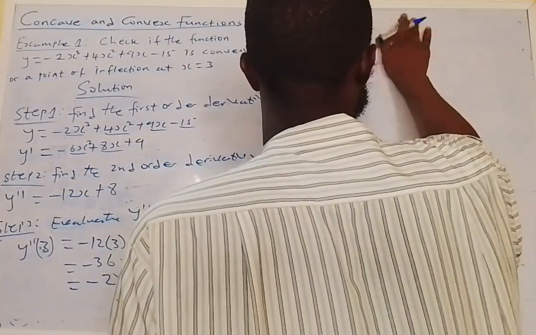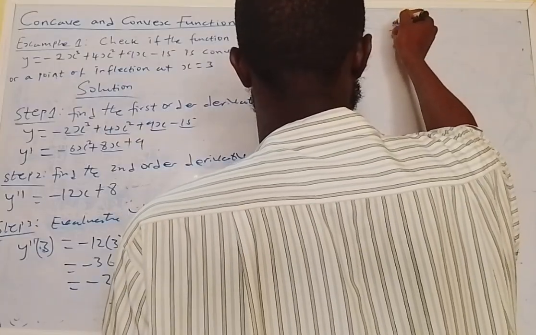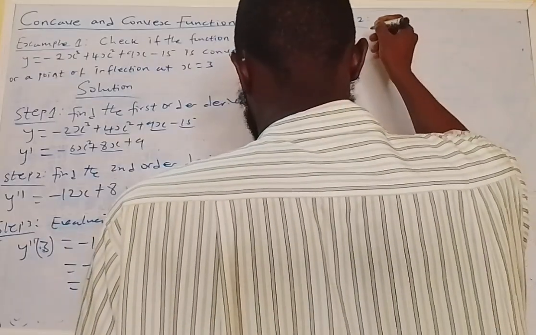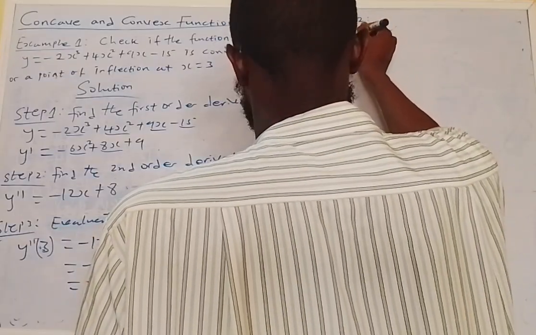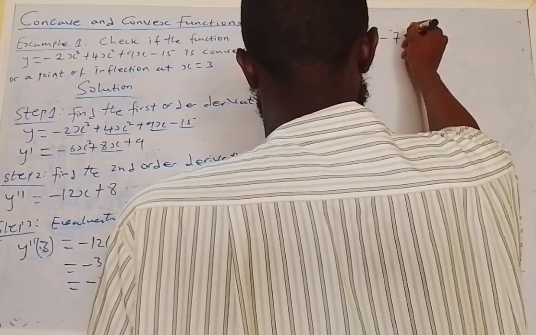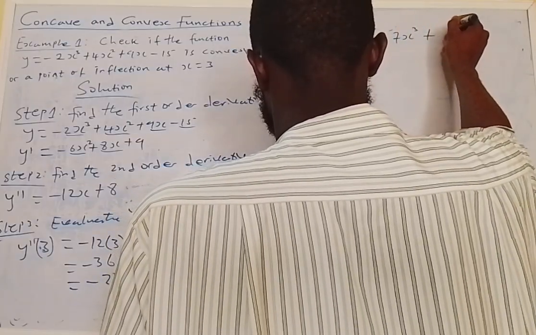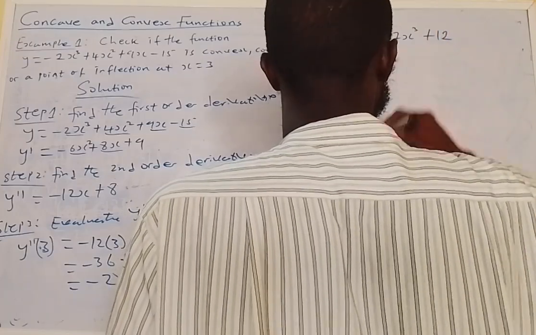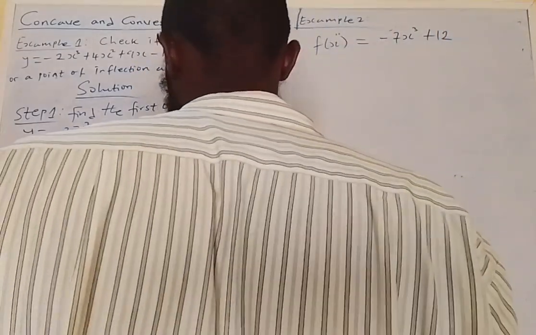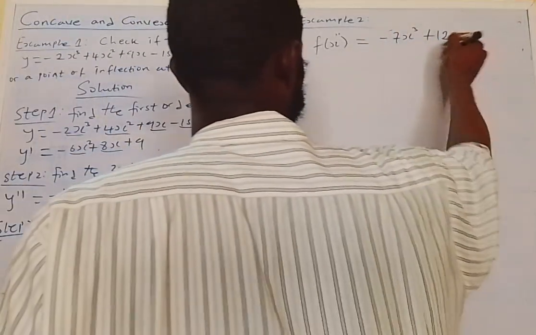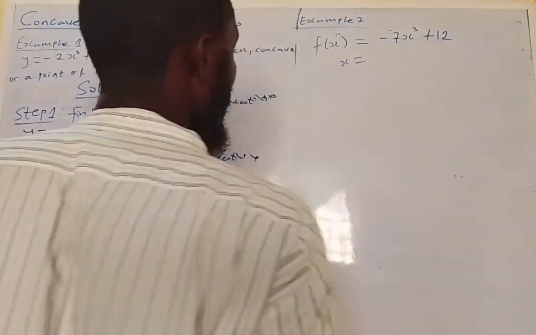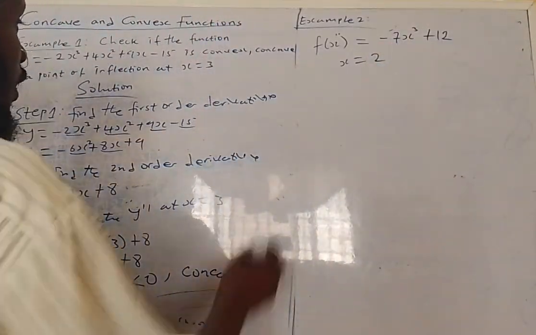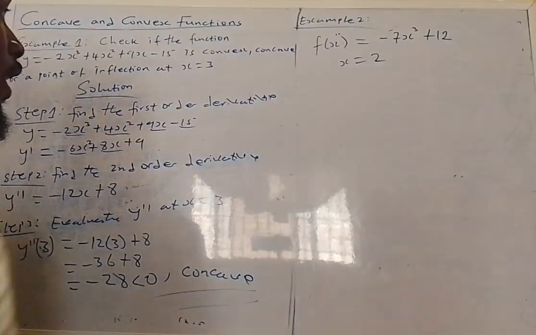We have to check if the function f of x equals minus 7x raised to the power 3 plus 12 is convex, concave, or a point of inflection at x equals 2.